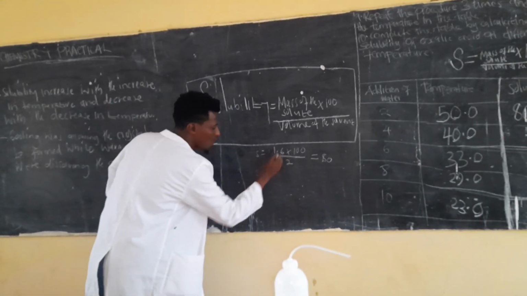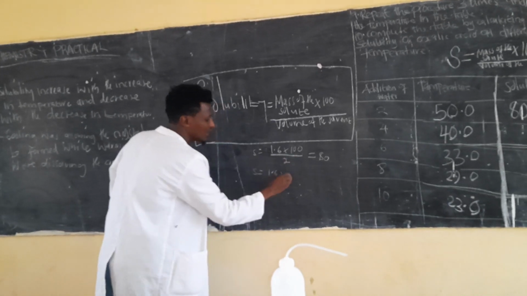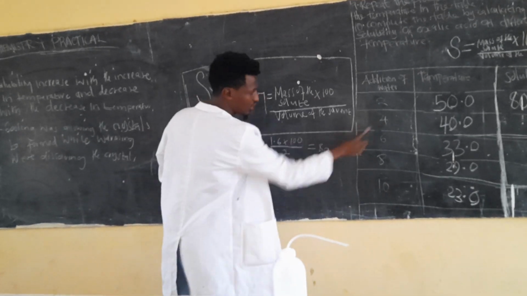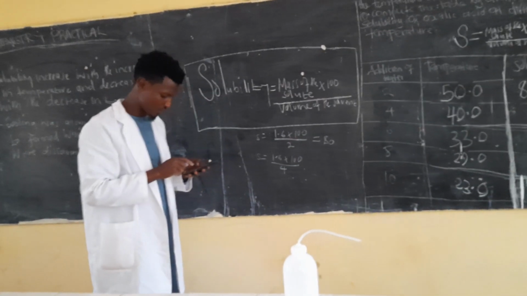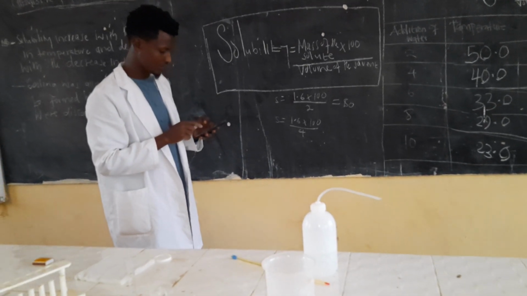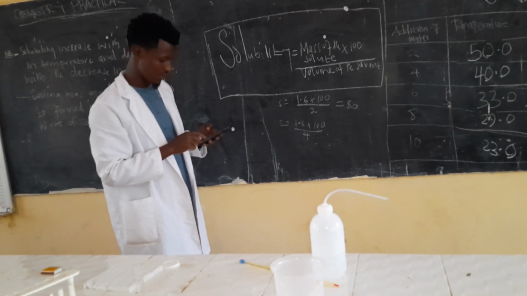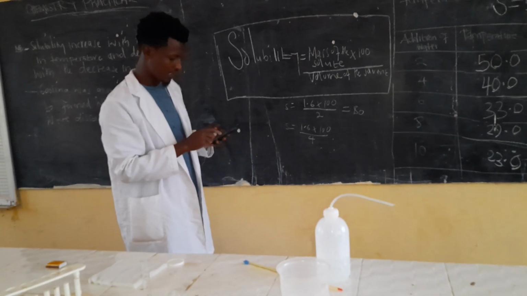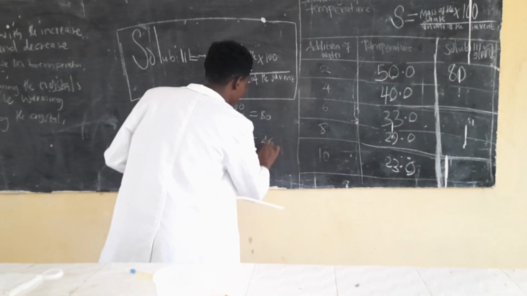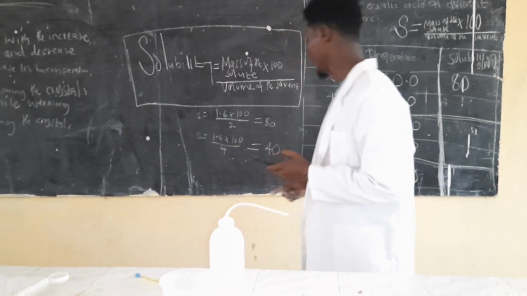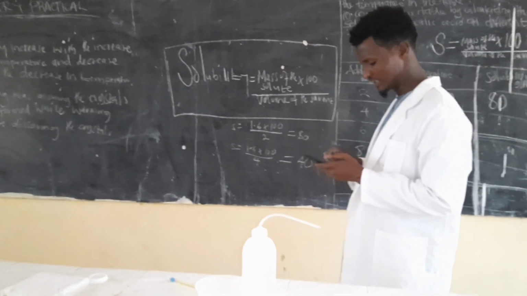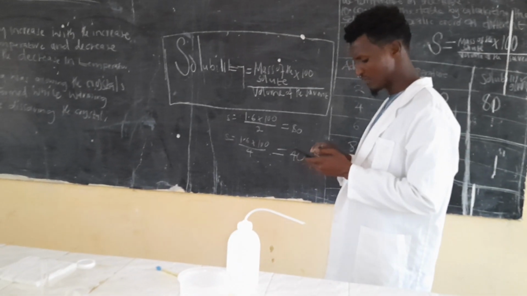The solubility is equal to 1.6 times 100 divided by 4 centimeter cube of water, because this is the second experiment. So 1.6 times 100 divided by 4.